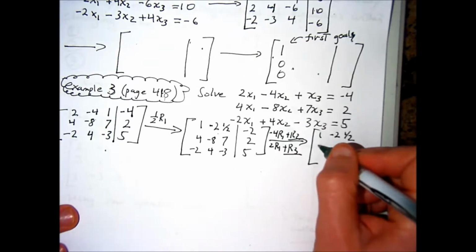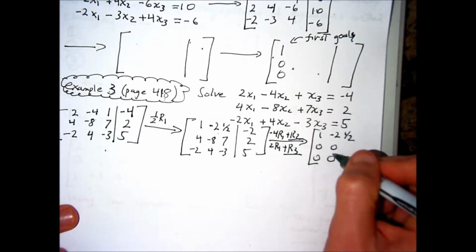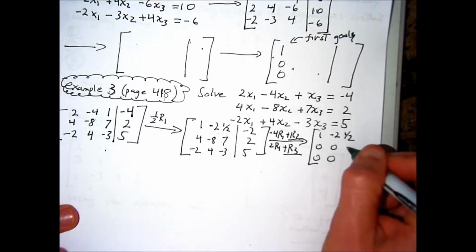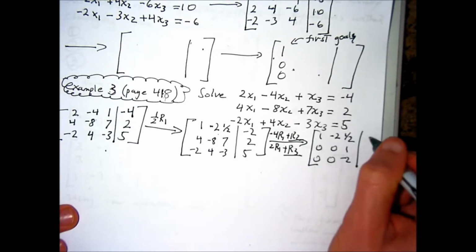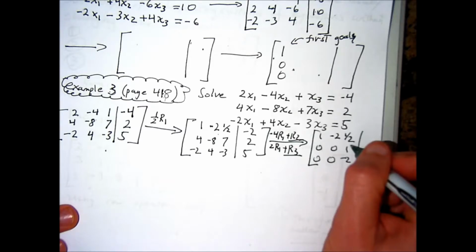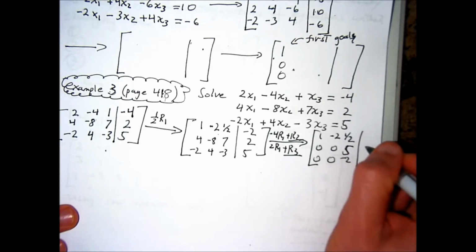And then we have here 0, 0, 0, 0. So we got a bunch of zeros, you see? And then 1, -2, vertical bar, and then this all changed to 1/2. I'm sorry, this is 5. 5, -2.